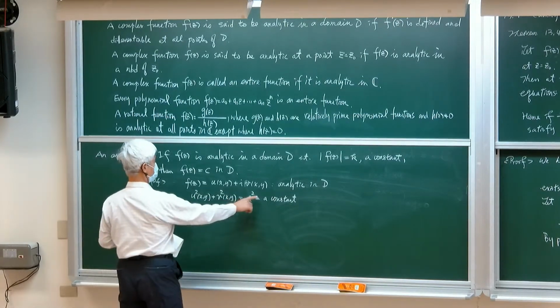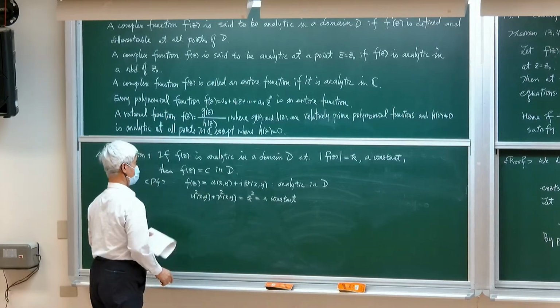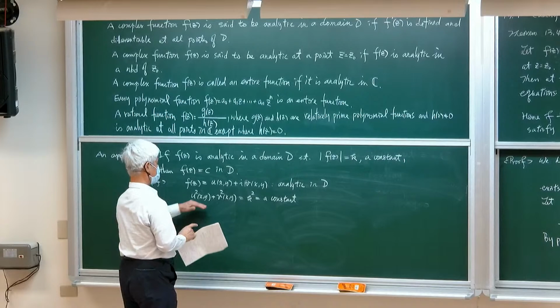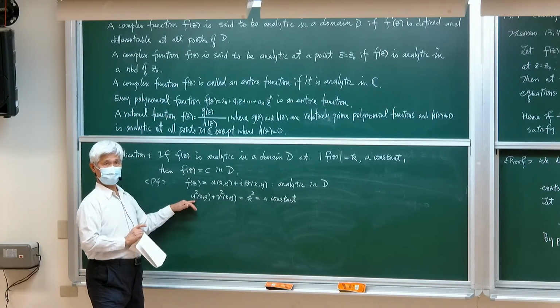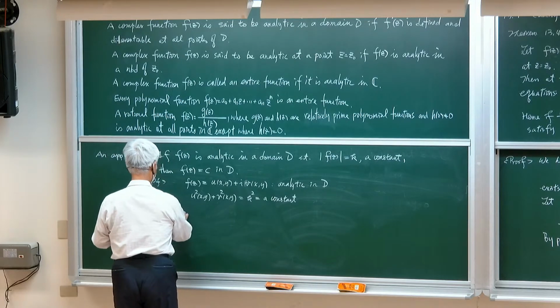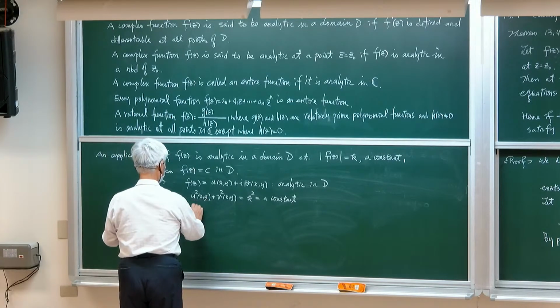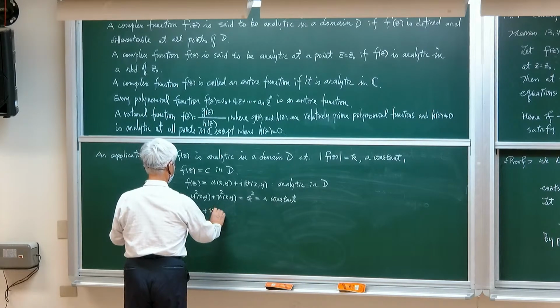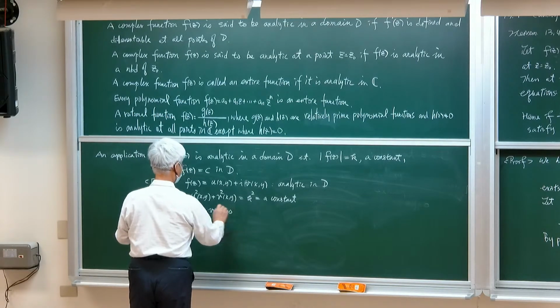And from this equation, if we take the partial derivative with respect to x, we have u u_x plus v v_x is equal to 0.